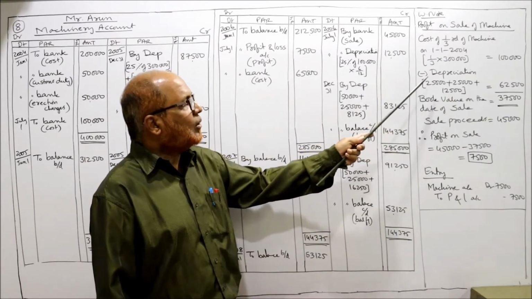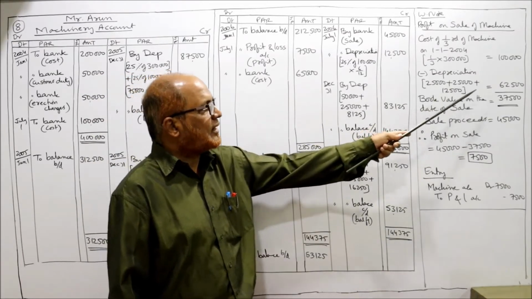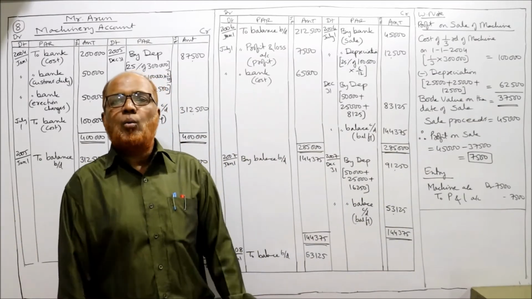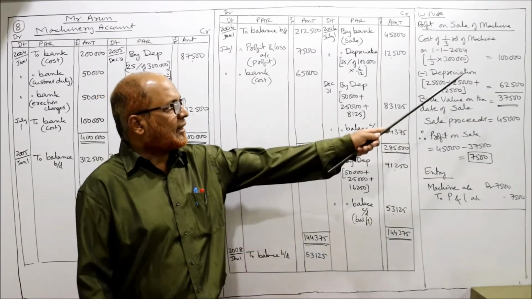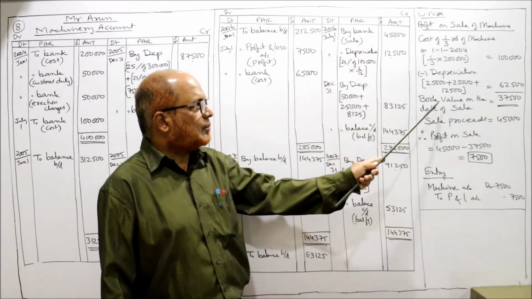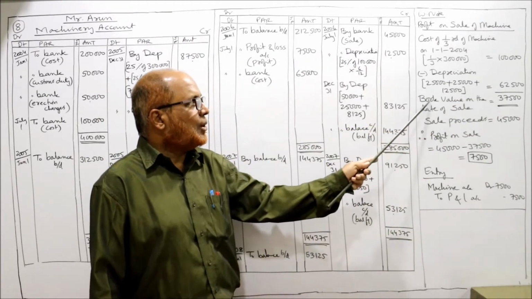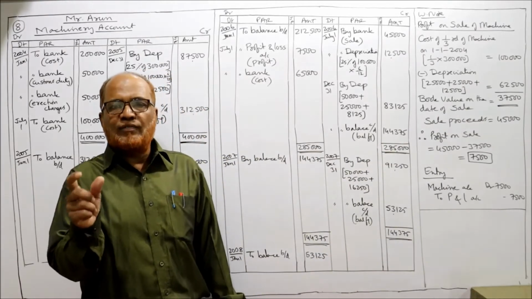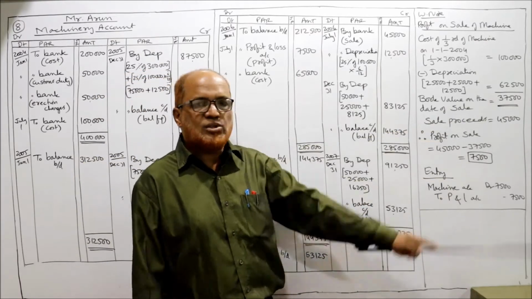Now you add up 25,000 plus 25,000 plus 12,500, 62,500 is the total depreciation on 1/3 of machine. Subtract 1 lakh minus 62,500, 37,500 is the book value on the date of sale.